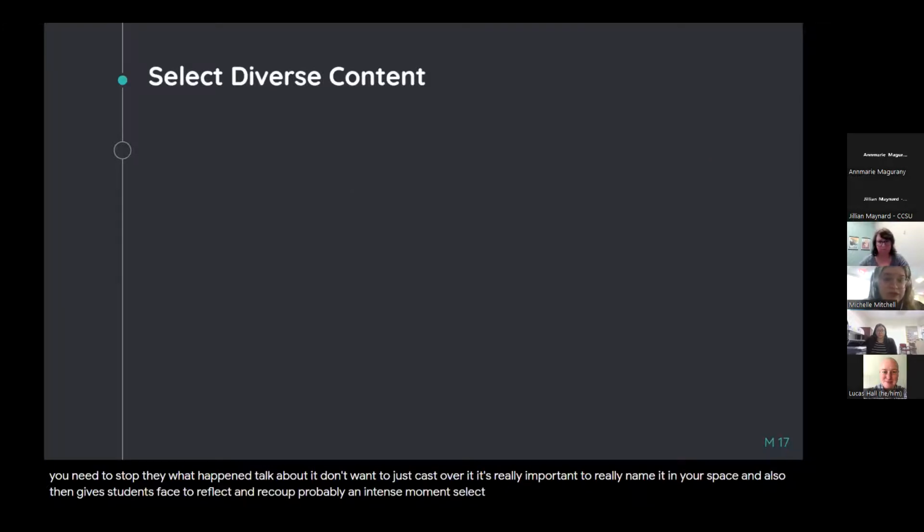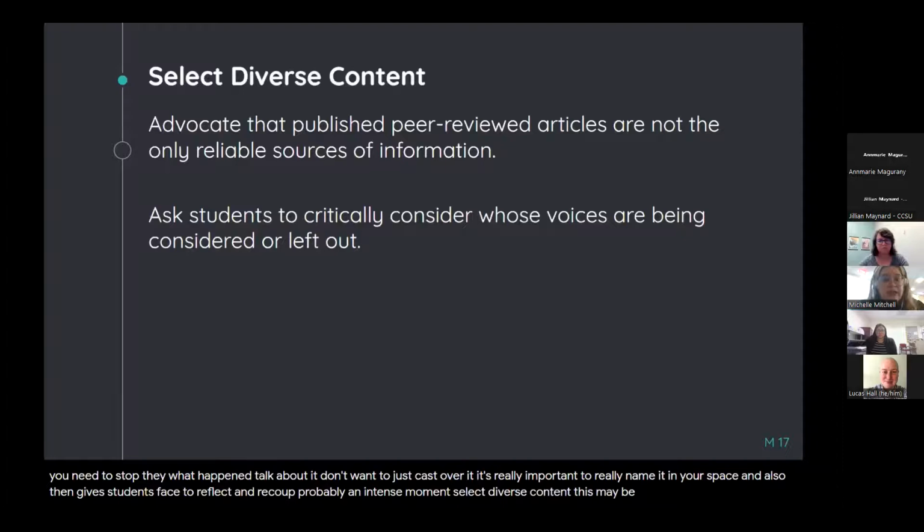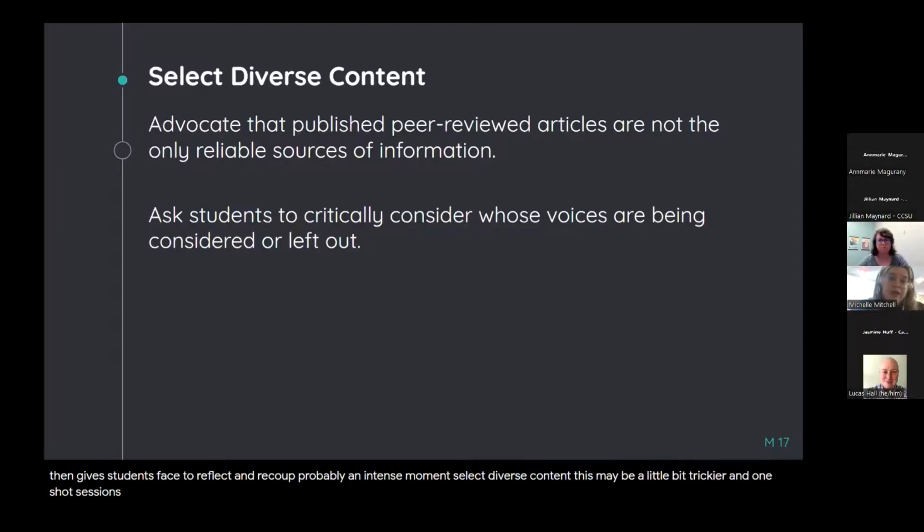Select diverse content. This may be a little bit trickier in one-shot sessions, but one way you can do this is by advocating that published peer-reviewed articles are truly not the only reliable sources of information.